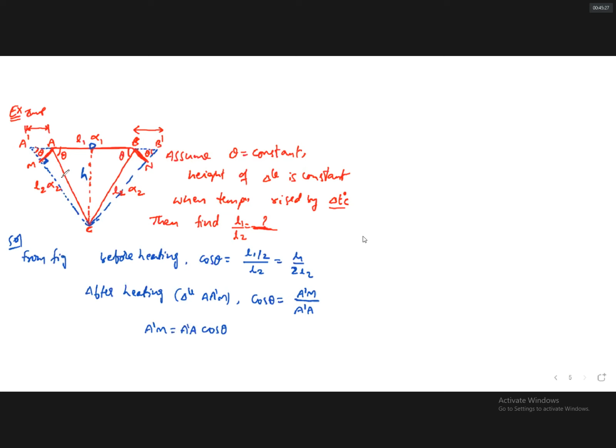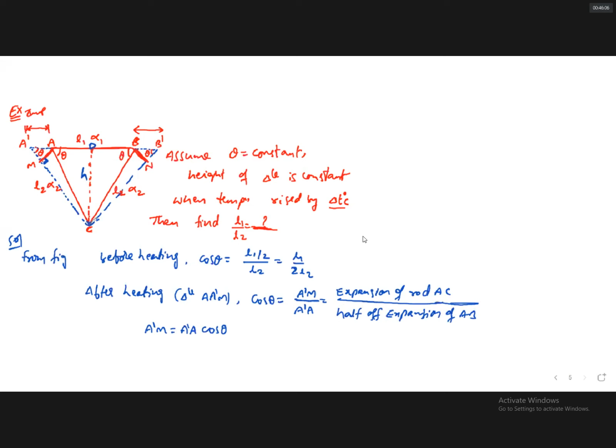A dash M is nothing but the expansion of rod AC.